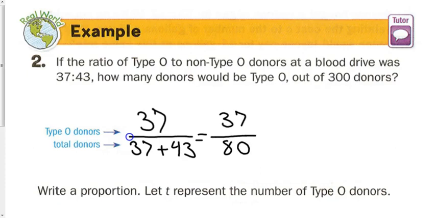So if you have 80 donors total, 37 should be type O, and the remainders are your non-type O. So it's 37 out of 80 total people.